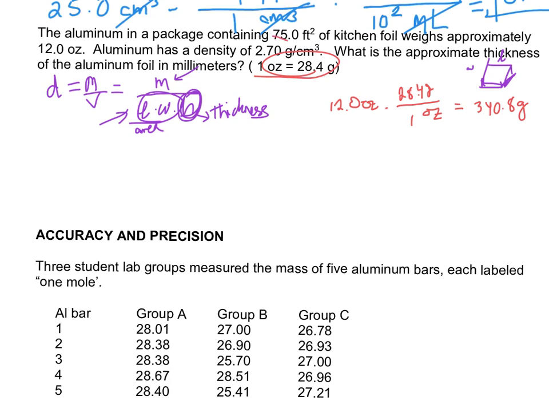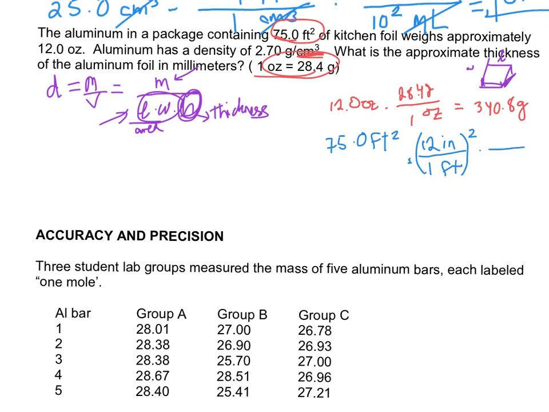Next, let's look at the area. So we're given feet squared. We need it in centimeters squared so that we can use that density. So let's do that. So we have 75.0 feet squared. Let's see. We can go from feet to inches. 1 foot is 12 inches. And then we need to square that whole thing.